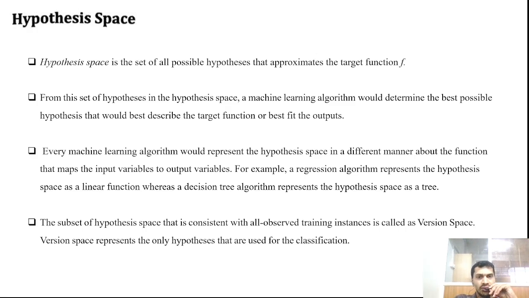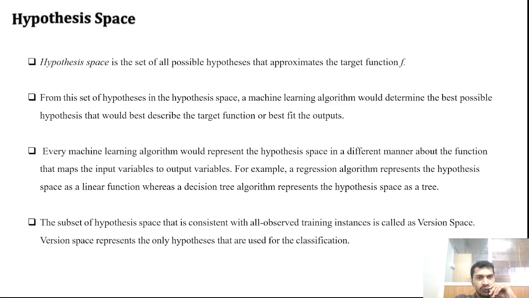It contains all the possible hypotheses that could explain the target function. If I say target function f of x, it has all the possible hypotheses that could explain the target function.